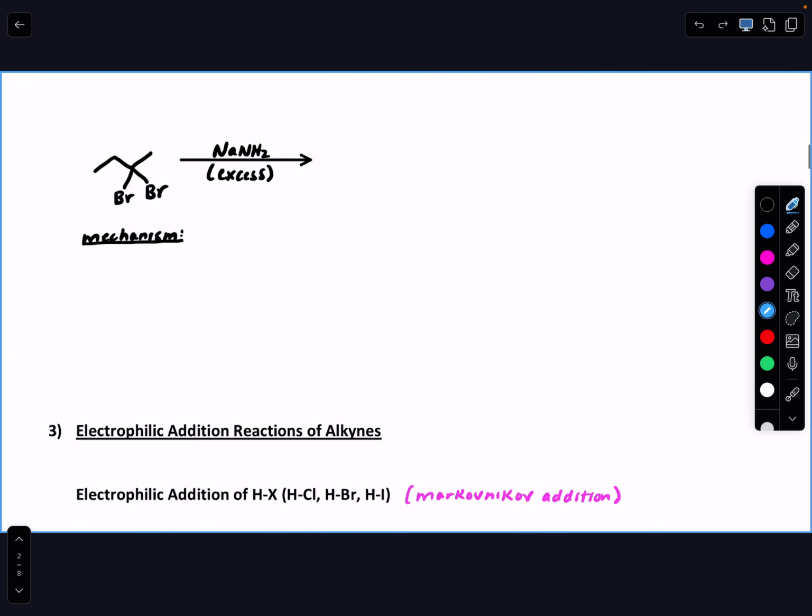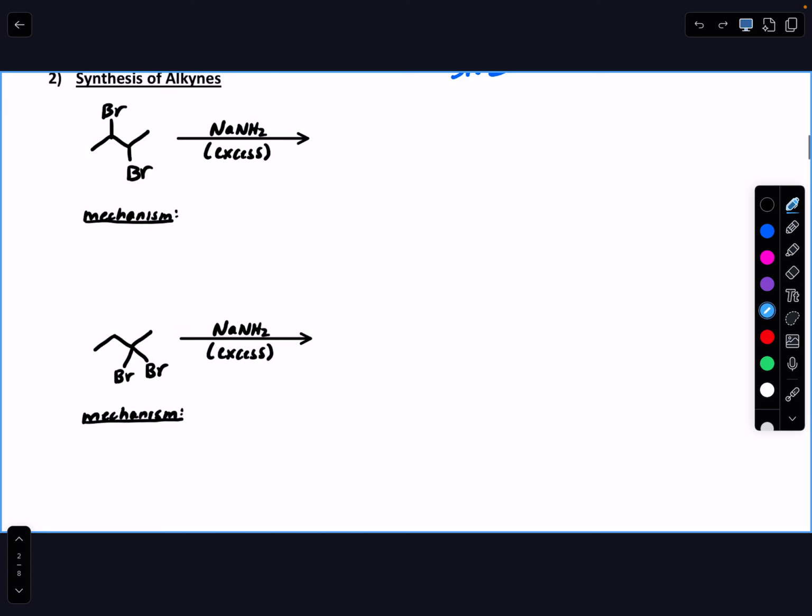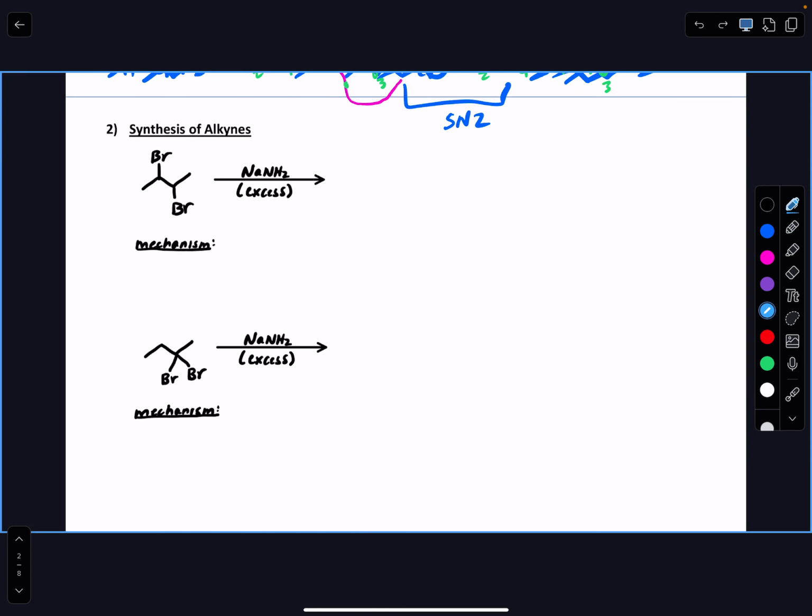Okay, let's see where we're at here. So these two reactions are the way that we make alkynes. I see that I only have about a minute left, so let me summarize what's happening here, and then we'll finish it next time. Ultimately, you'll see both of these starting materials have 2 halogens on them. You know that you can do an elimination reaction with an alkyl halide to form an alkene.